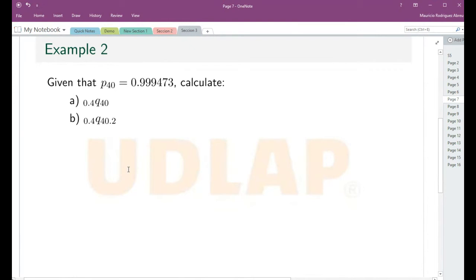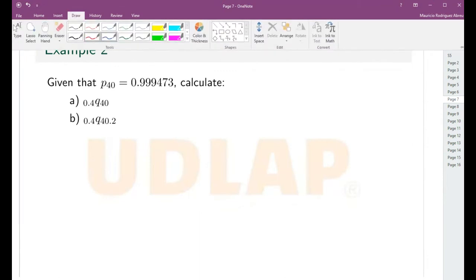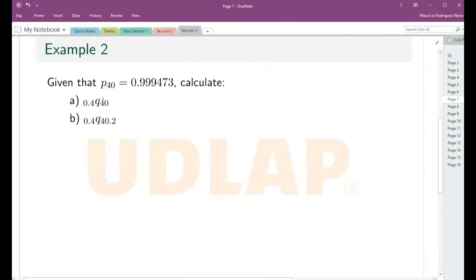Okay, so if we have this fractional ages assumption, remember that the first finding that we have was that this probability of death is S times QX, which is going to be really easy to use down here.